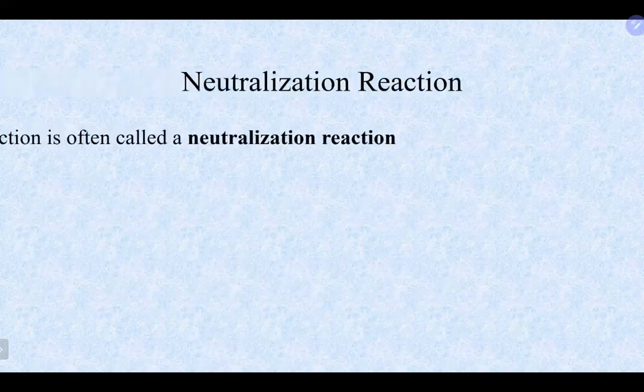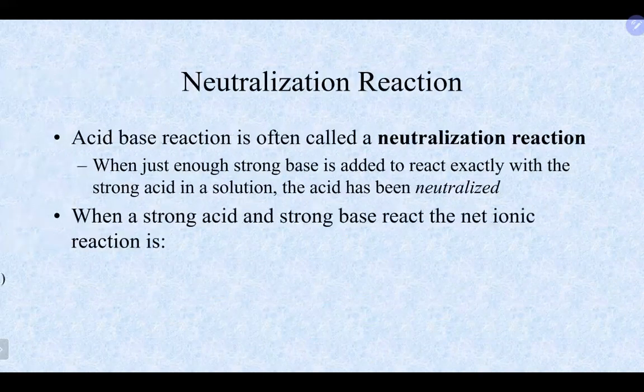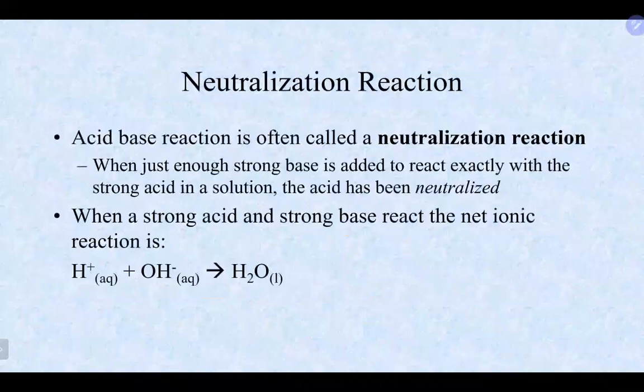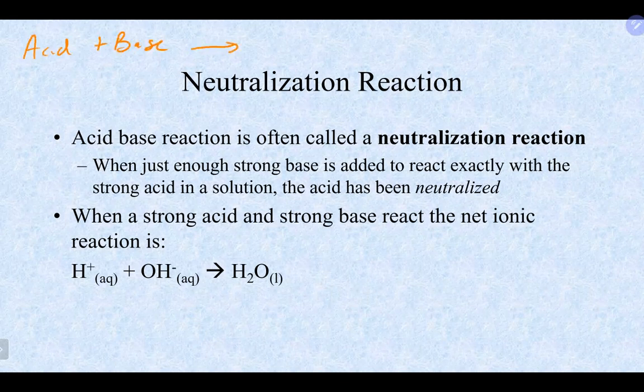So the next thing we're going to talk about is neutralization reactions and titrations, as you started last week, and we'll continue your titration journey here today. Neutralization reactions specifically are those acid-base reactions that we talked about. Whenever you take an acid and a base, you basically get 2 things.